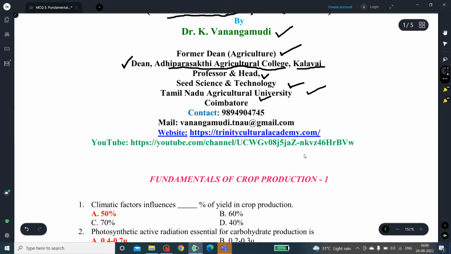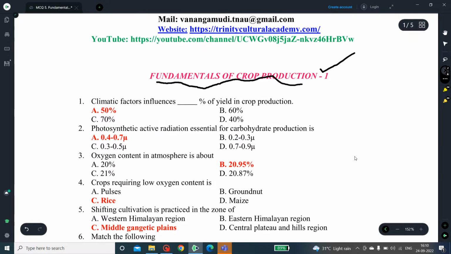As far as today's presentation is concerned, this is on fundamentals of crop production, part 1. The first question: climatic factors influence dash percentage of yield in crop production. I am repeating the question once again.